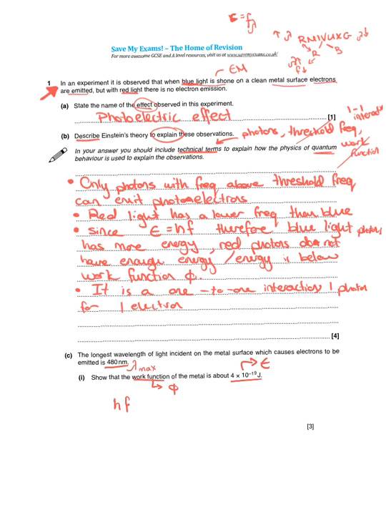hf, so the energy of a photon, is equal to the minimum energy required to remove it plus any extra kinetic energy that's left for the electron after the photon gives enough energy to the electron to escape.